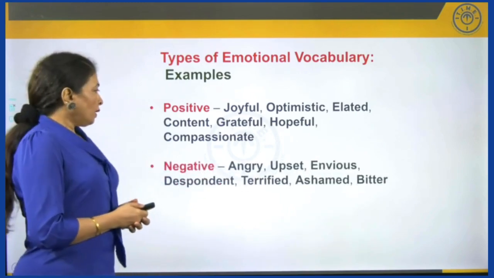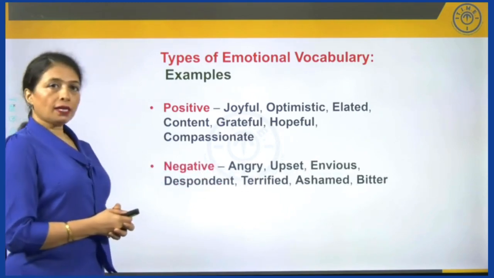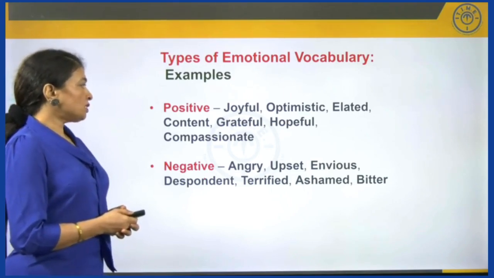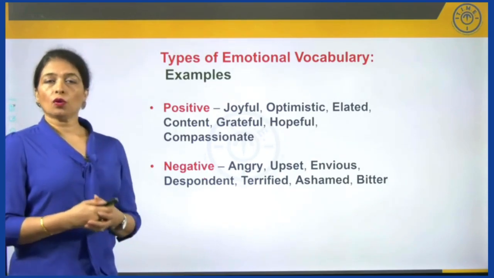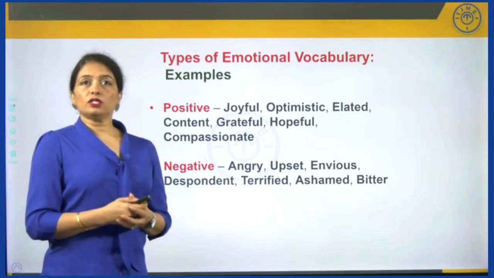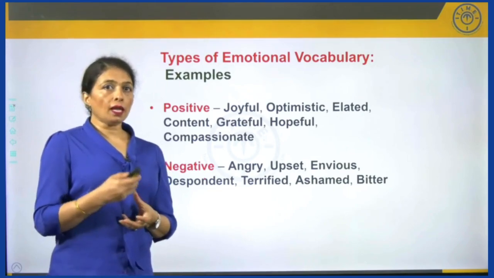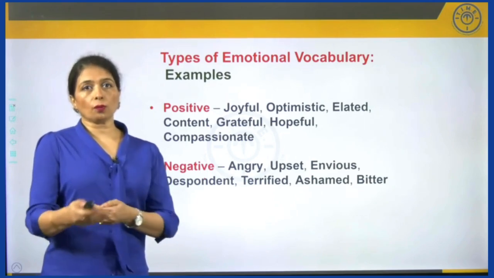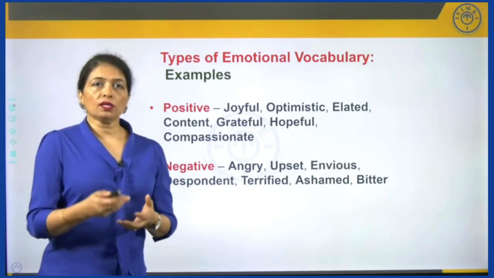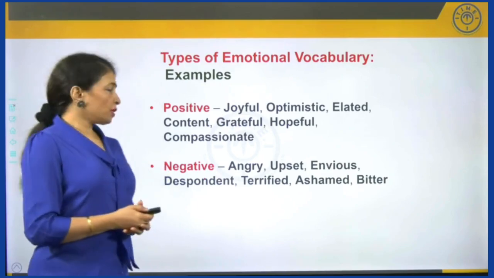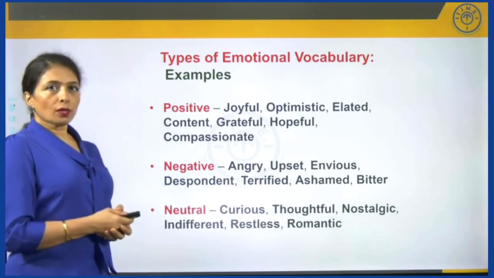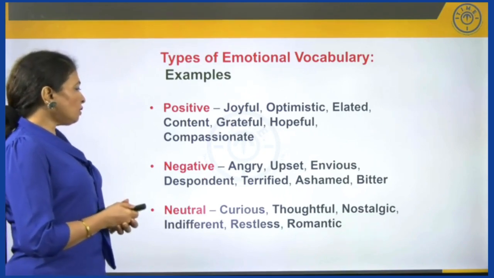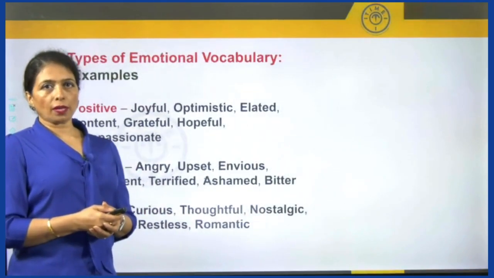Then comes the negative one: angry, upset, envious, despondent, terrified, ashamed, bitter. All of these, students, are adjectives, and they will help you understand what difference one emotion has from the other, and so it will give you a command on what you express. The neutral ones comprise curious, thoughtful, nostalgic, indifferent, restless, and even romantic.